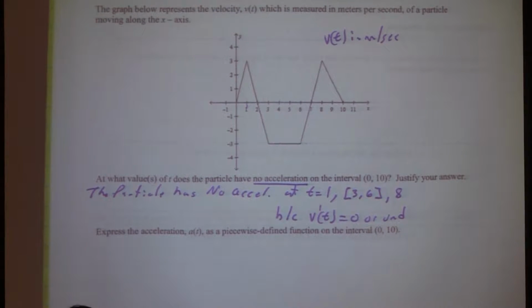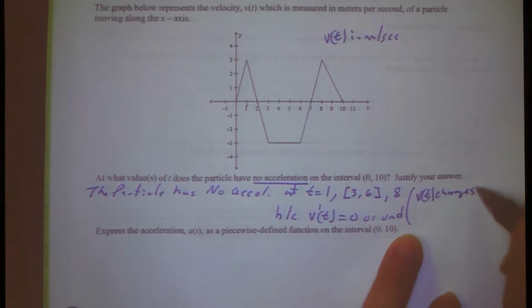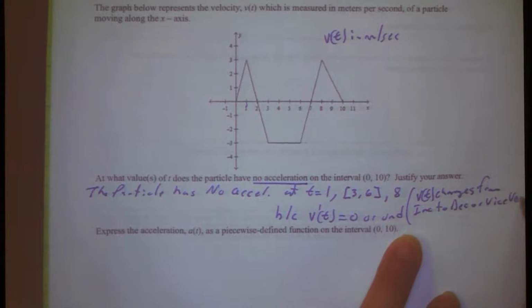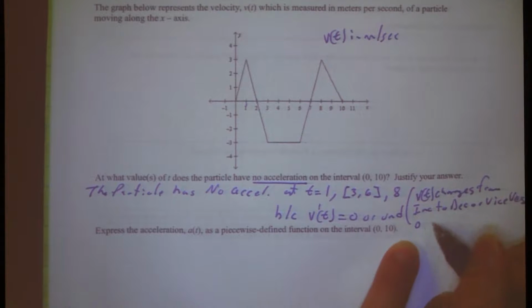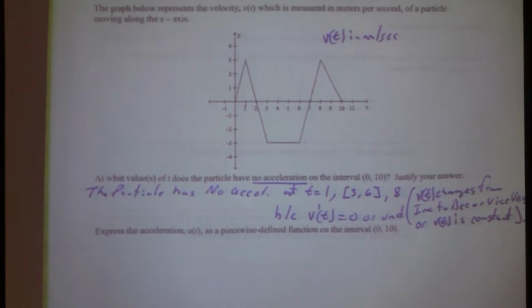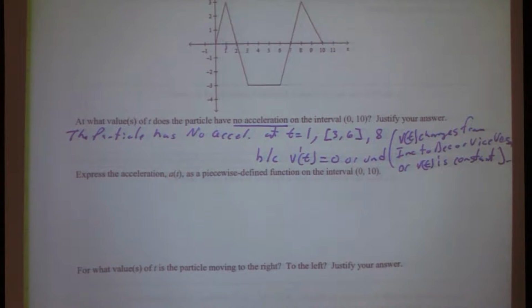Cool. So we could say v of t changes from increasing to decreasing, or vice versa. Or v of t is what? Constant? Cool.